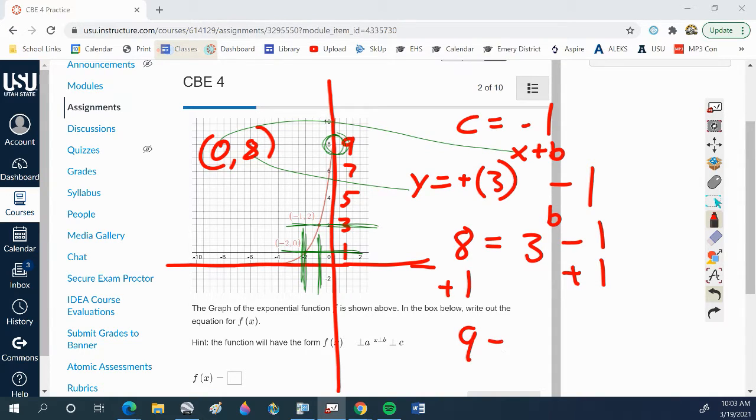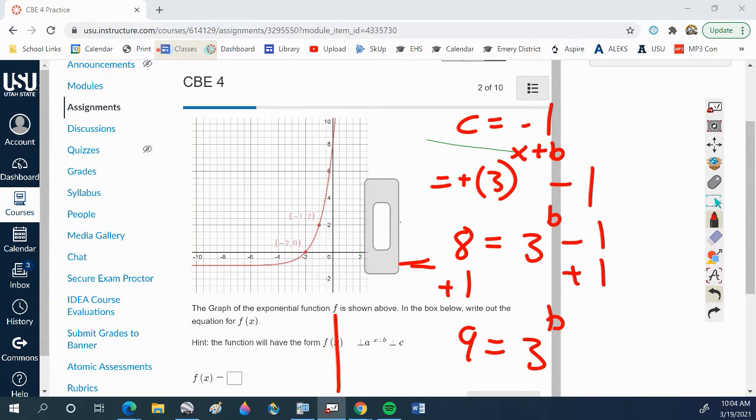Oh, how nice. I don't even need logarithms. What's the answer? Close. 2. I knew what you meant. So the equation here is y equals 3 to the x plus 2 minus 1. Okay, that's the easy way to do it.